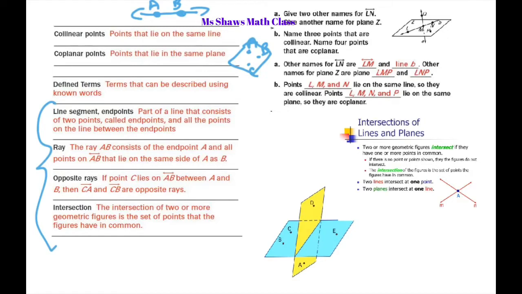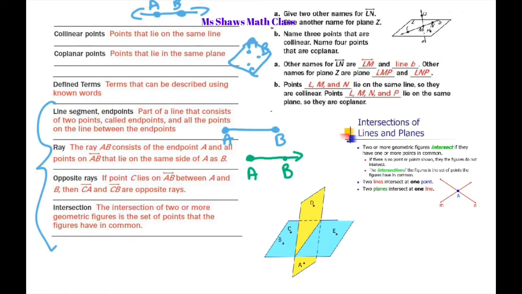A line segment would look like this with 2 points, say A and B. So these are 2 endpoints. A ray consists of an endpoint, say A, and then you can write it like this and put a B somewhere on it.